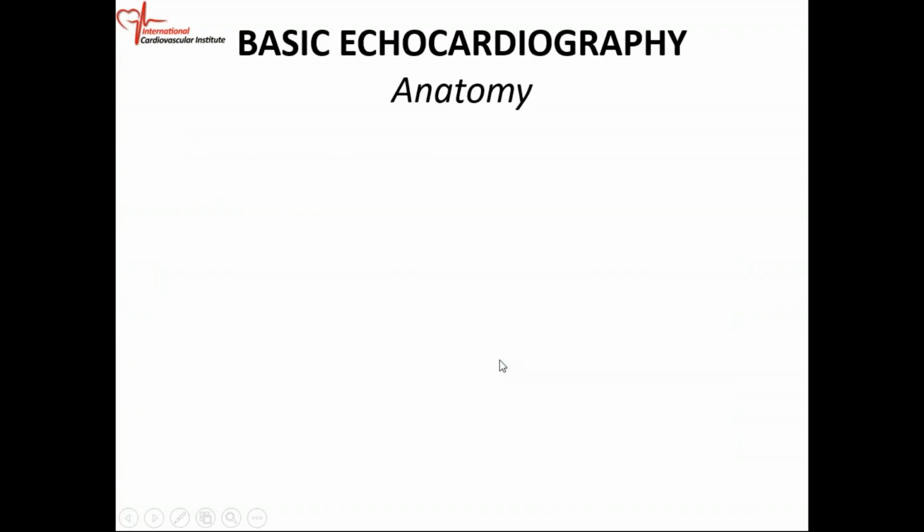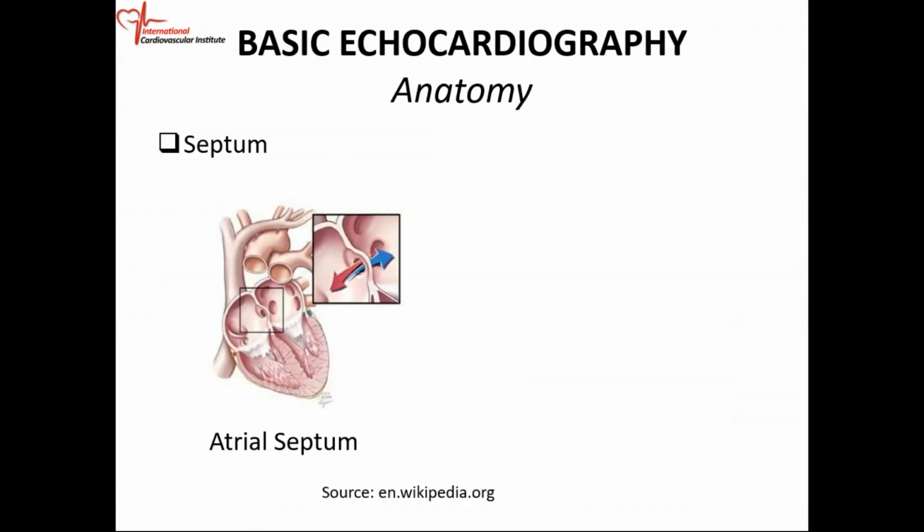So it looks somewhat like this. This is the atrial septum up top. This is the right atrium, left atrium. The foramen ovale is this defect. And in fetal life, you have oxygenated blood going from right to left. So that's the atrial septum.